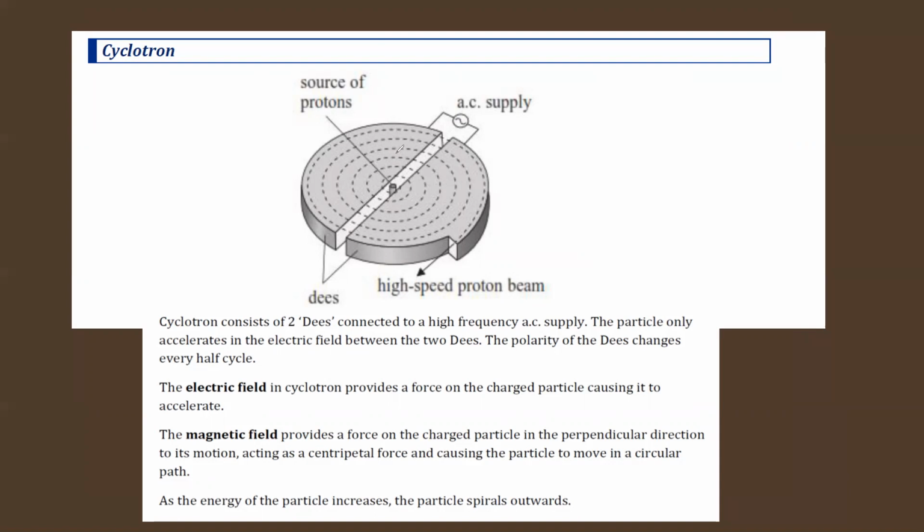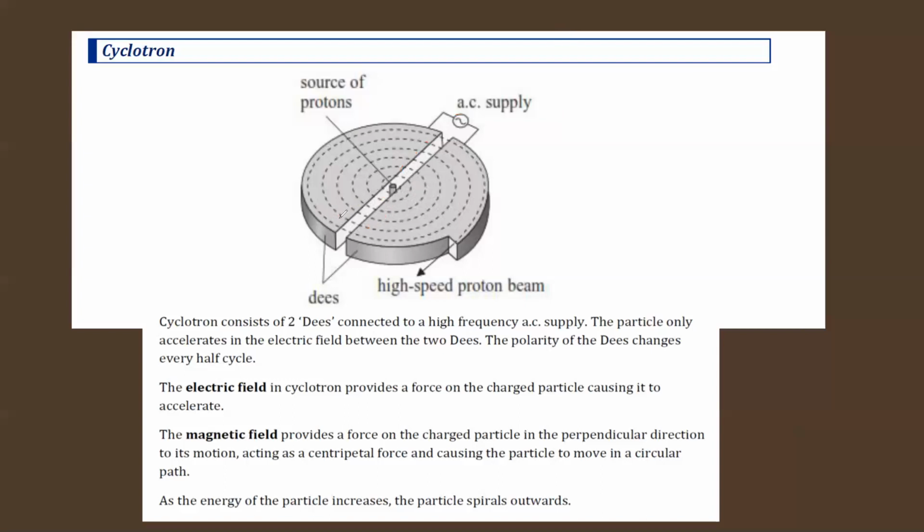These are known as the Ds, and outside we apply an alternating current. First, if the particle is coming out, one of the Ds will be positive and the other D will be negative, so the proton is accelerated.